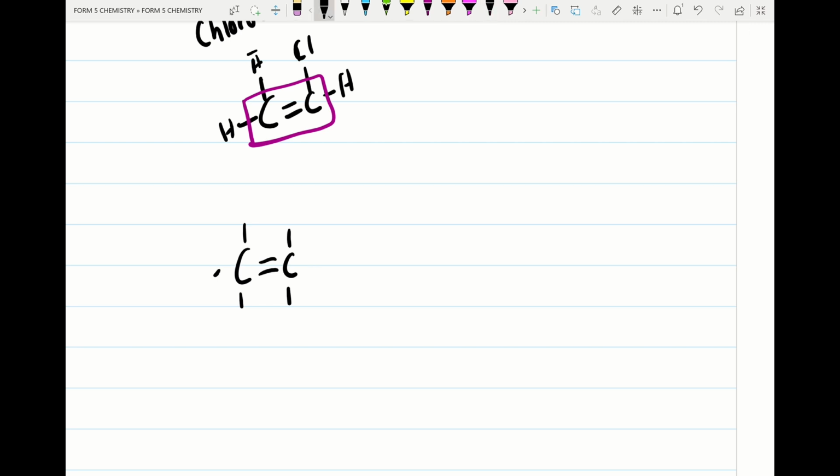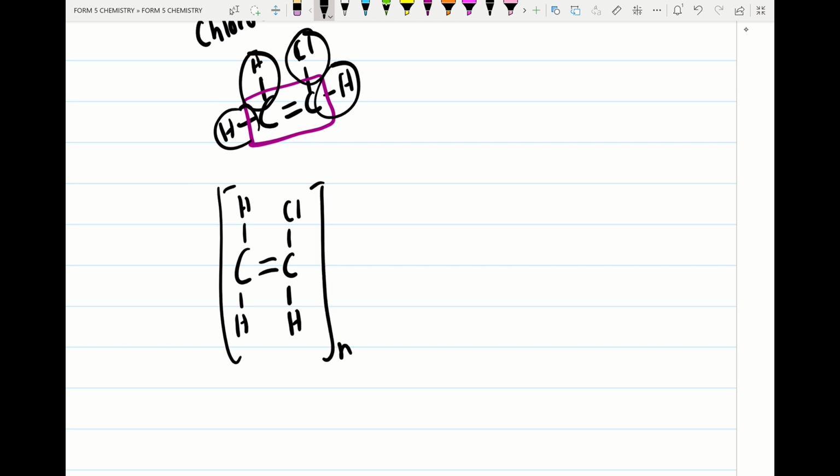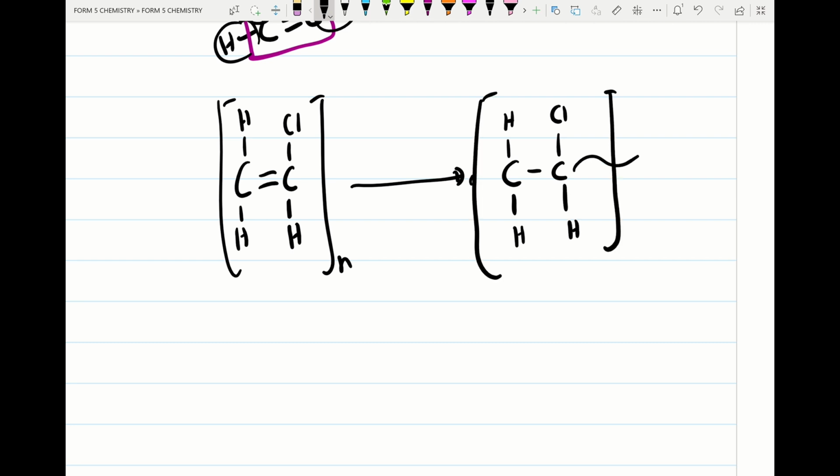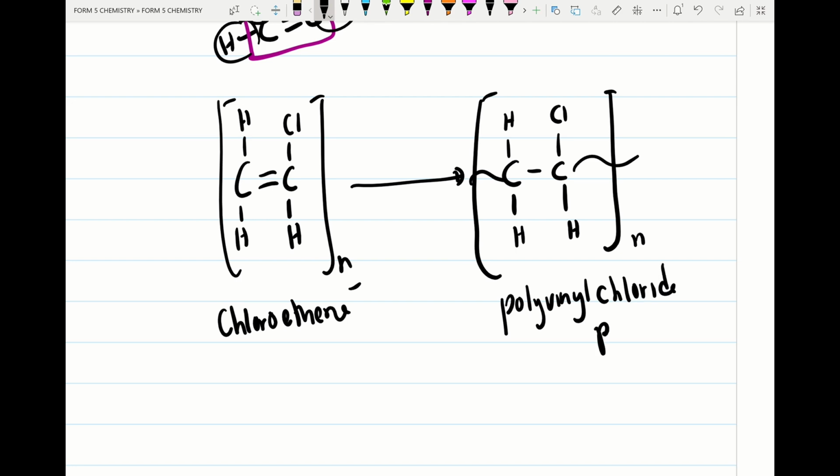All right, so I take this structure, I draw here H. And I take this structure, I draw here the Cl, I put it on the top, and this one I put here. So when we get this structure, we open bracket, close bracket, we put N. During addition polymerization, the double covalent bond between the carbon-carbon atoms will break and form a single covalent bond. We close the bracket, and we put the symbol of N. This is the equation for the polyvinyl chloride, and this is known as chloroethene, and the polymer name will be polyvinyl chloride, or we call it PVC.